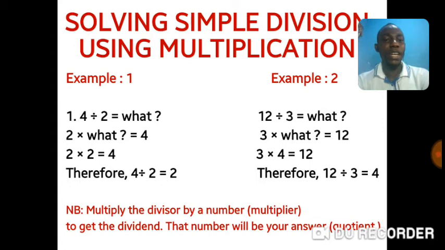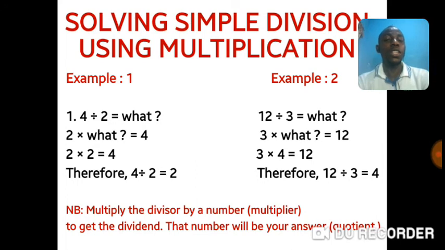Let's take note of this. Multiply the divisor by a number, which is the multiplier, to get the dividend, that is the total. The number will be your answer, which is the quotient.